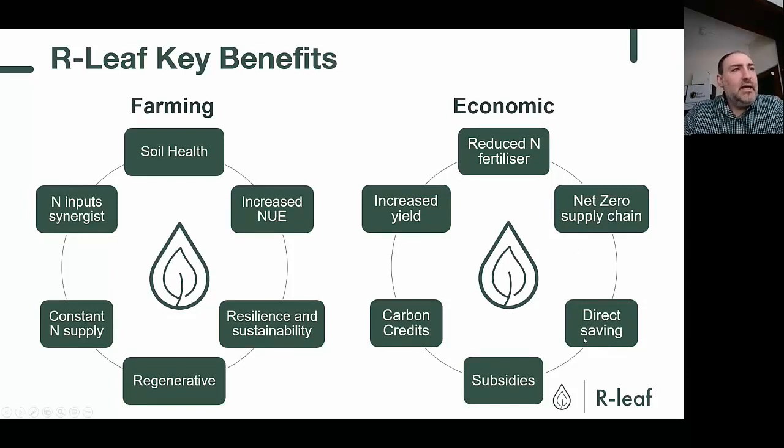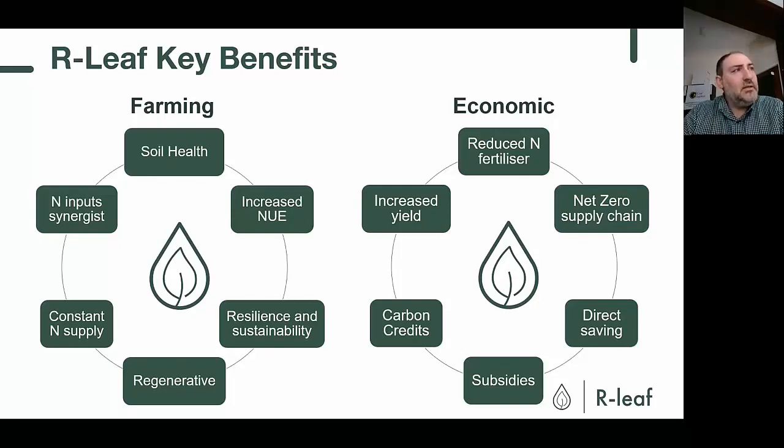A direct saving because of the reduction of fertilizer with the current prices, and we've got a calculator for that. Obviously ticking the box for subsidies, and DEFRA is well aware of RLEAF because they have supported it. So hopefully that will be part of policy in an accepted way.